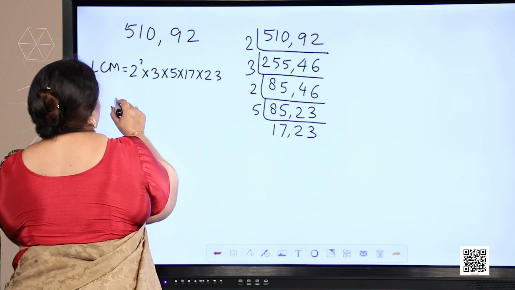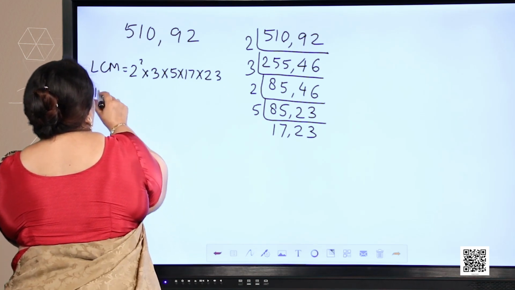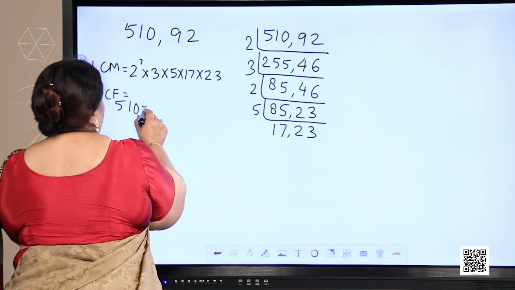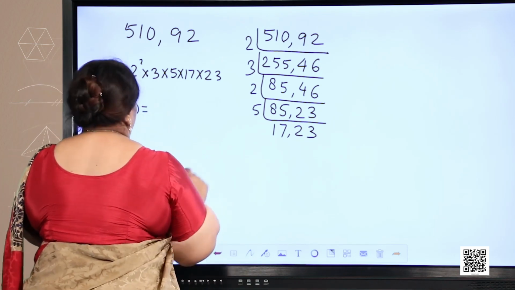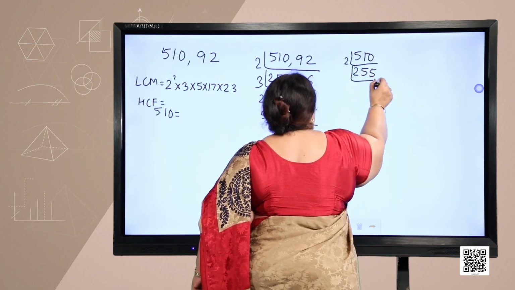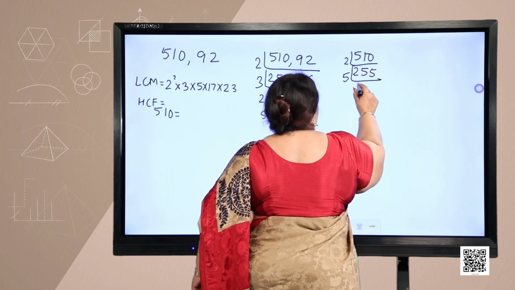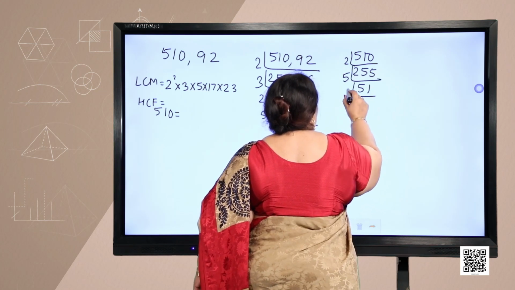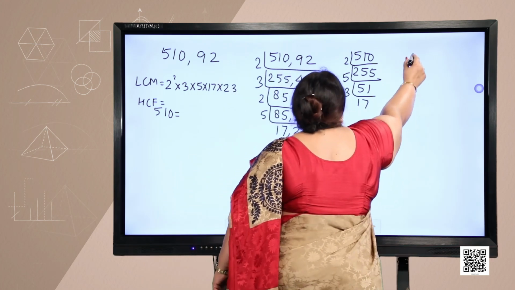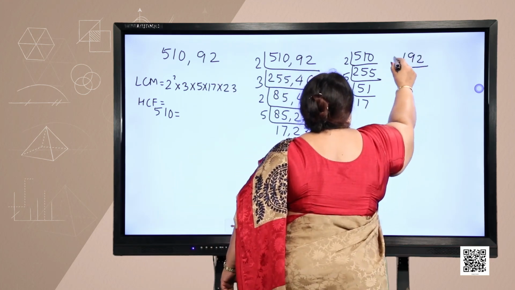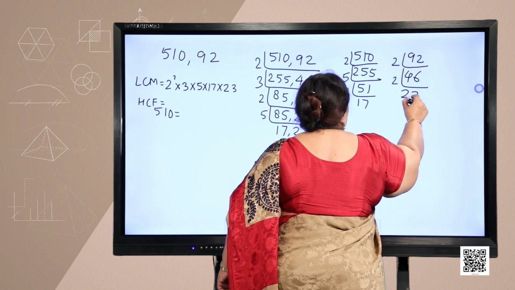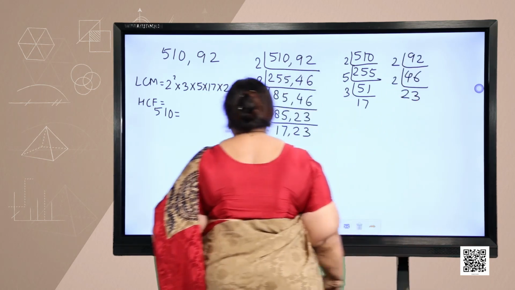What about the HCF? Let me write down the factors. It is 2 2s are 4, 5 5s are. Likewise, let us calculate for 92. What are the factors? 2 4s are 8, 2 2s are 4, 2 3s are, 23 is a prime number.